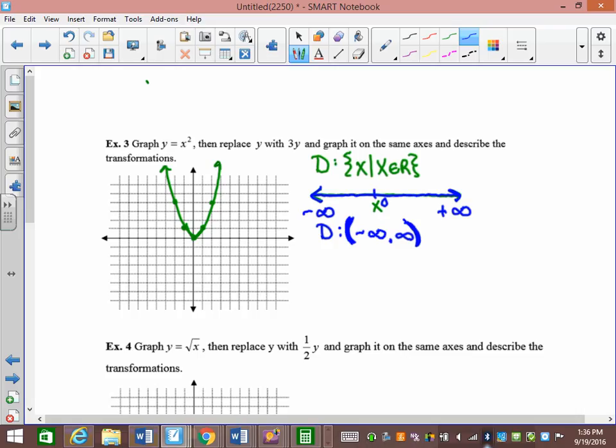Now if I did the range for this graph, what's my lowest y value? 0 or higher, right? 0 or higher means y is greater than or equal to 0. If equal to 0, it actually is 0, right?